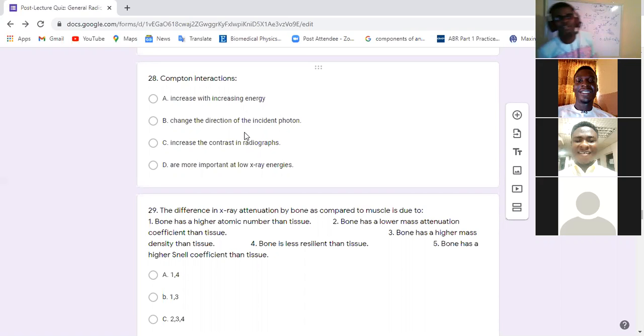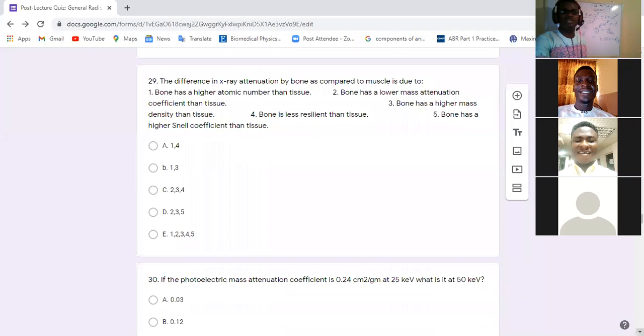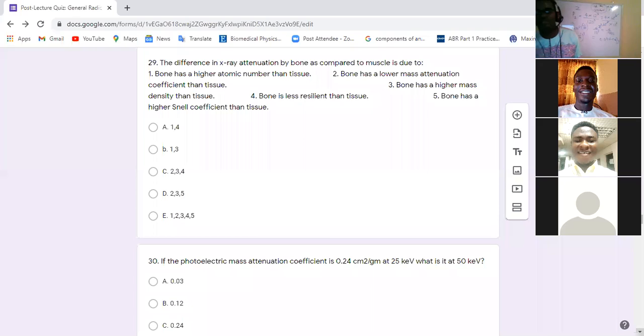Compton effect is directly proportional to 1 over E, or I say inversely proportional to E. Whereas the photoelectric effect is inversely proportional to E cubed, E raised to power 3. So the photoelectric effect is heavily influenced by energy change, and of course also by the change in Z. 29.